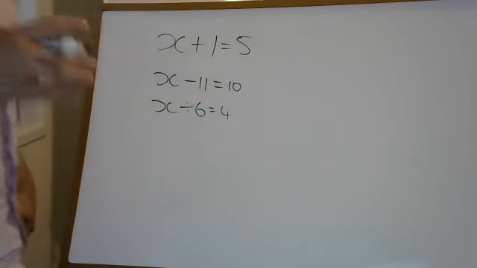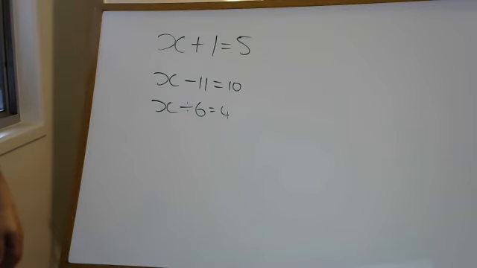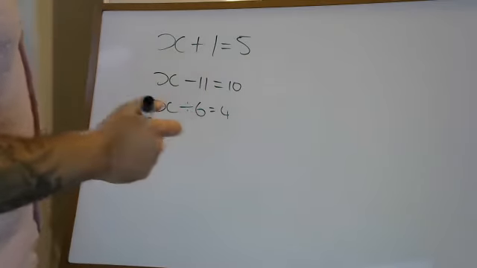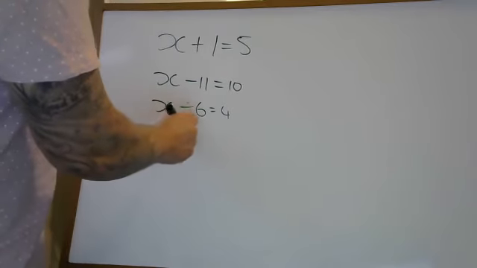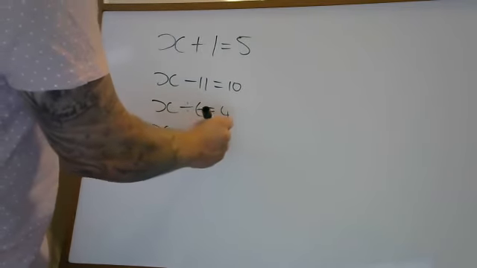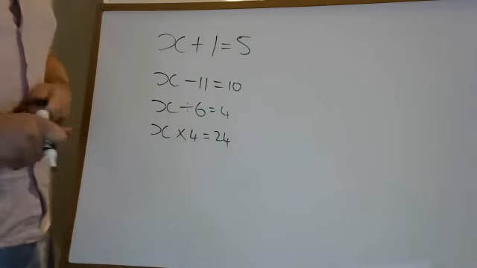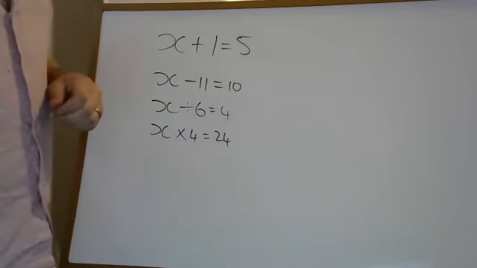And I'm going to show you a hack on how to calculate this. And lastly, we have multiplication. So x times 4 equals 24. Now, I'm going to show you a hack on how to calculate all of these without too much thinking power.